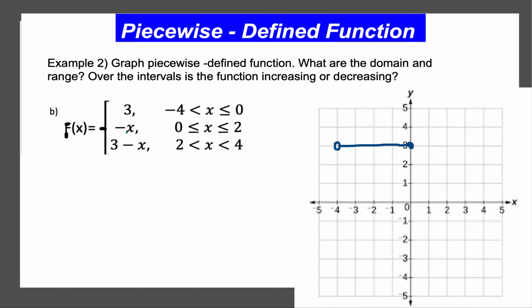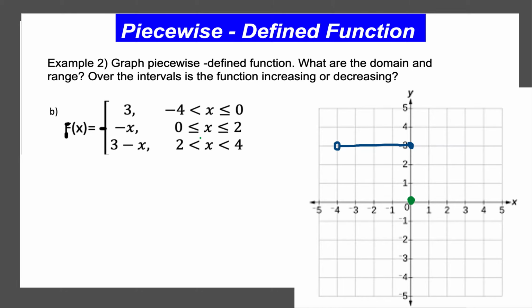f of x is -x, in the interval where x is greater than or equal to 0 and less than or equal to 2. First of all, I'm looking at 0, and 0 here is closed. If I plug 0 into -x, it's going to be 0, but 0 is closed, so I make this closed here.